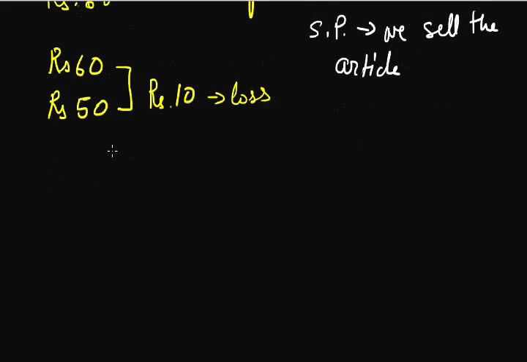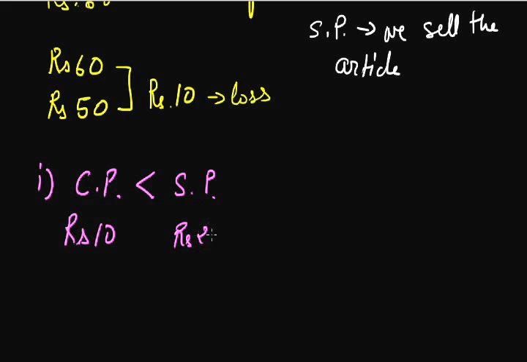Now we have 3 cases. First case, when the cost price is less than the selling price. That is, if I buy an article at rupees 10 and sell it for rupees 20, the cost price is rupees 10 and the selling price is rupees 20.